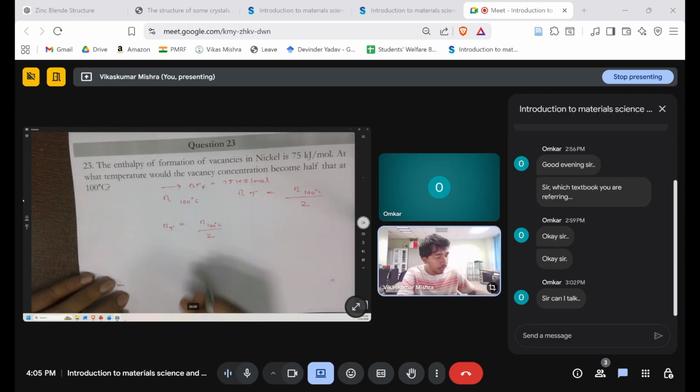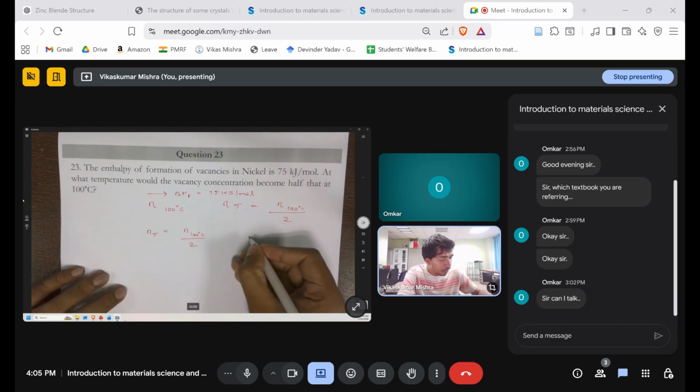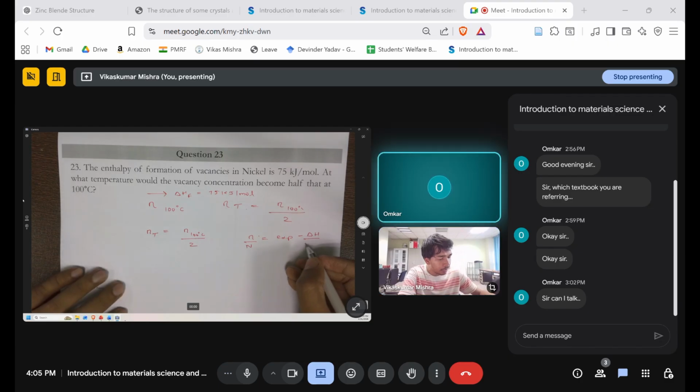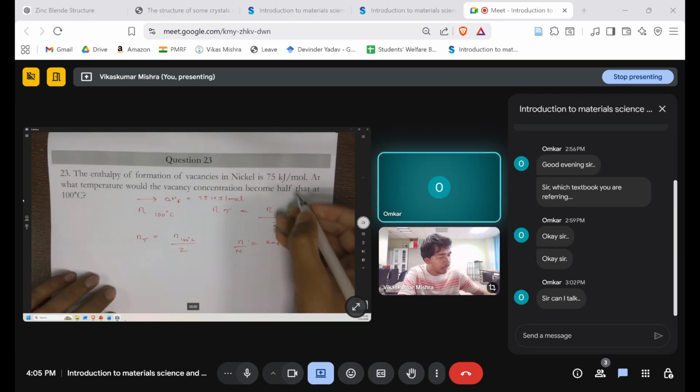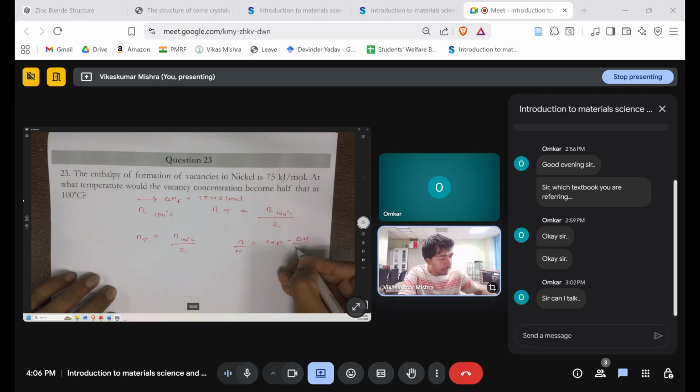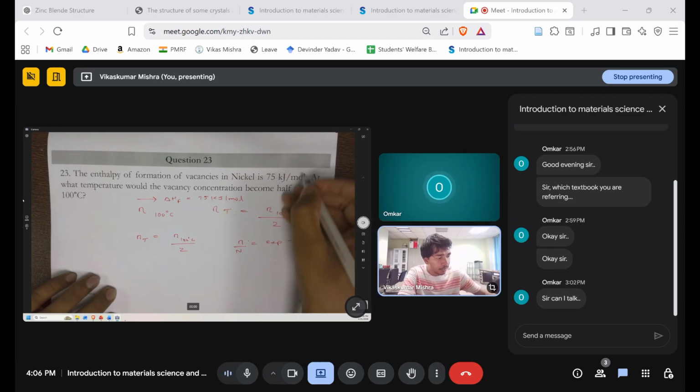Okay, so we know the formula: n divided by capital N will be equal to exponential of minus delta HF divided by RT or kT. But here they have used kilojoule per mole, so what I will prefer is RT, because of the mole.